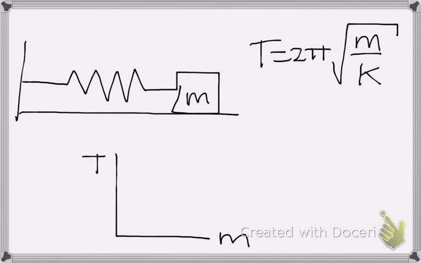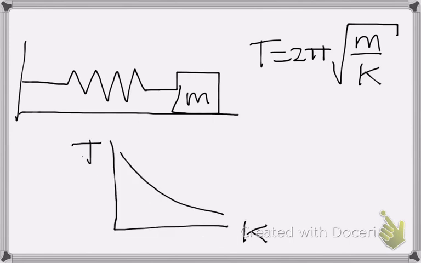And if we look at how mass is proportional to period, it's just like it was for the pendulum. It's the square root. So increasing the mass will indeed increase the period, but it will not be a direct relationship. And if I increase the spring constant, it will actually shorten the period because it's going to make the spring stronger and have the forces be greater.